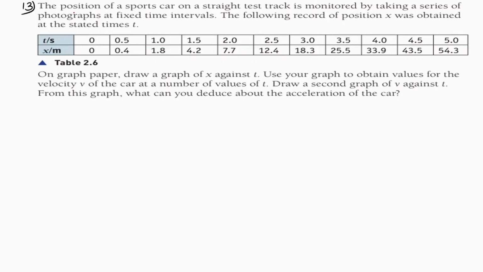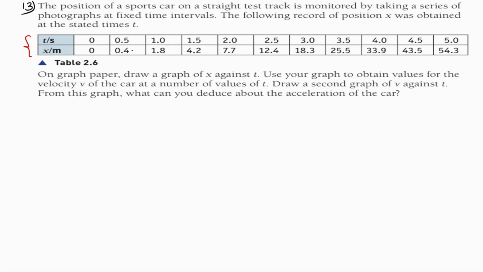Question number 13. The position of a sports car on a straight track is monitored by taking a series of photographs at fixed time intervals. The following record of position x was obtained at time t. So we have here the time and the position of the car.